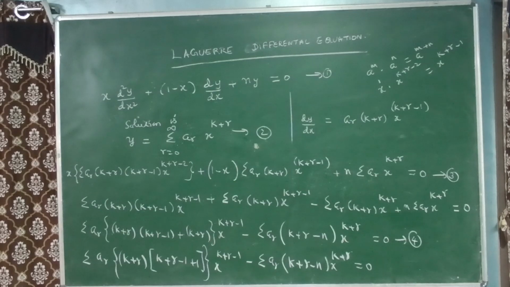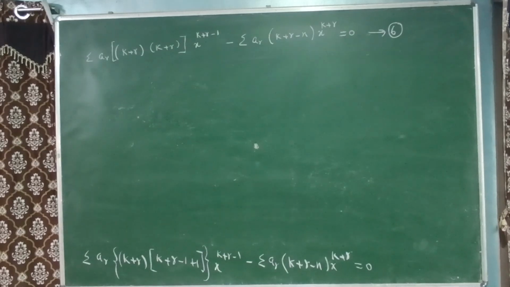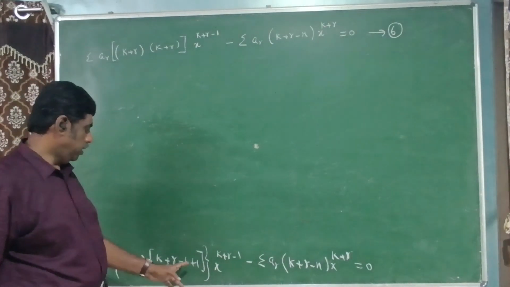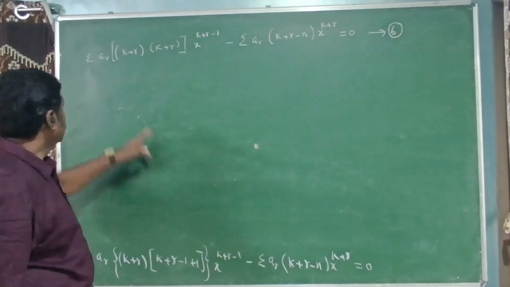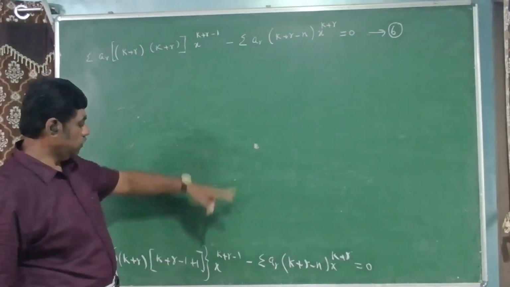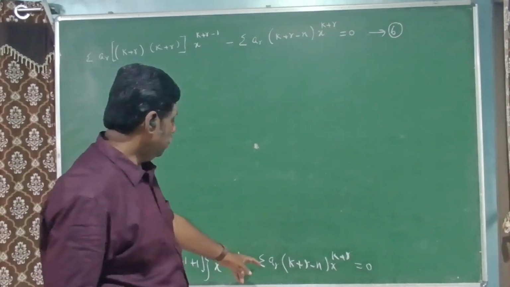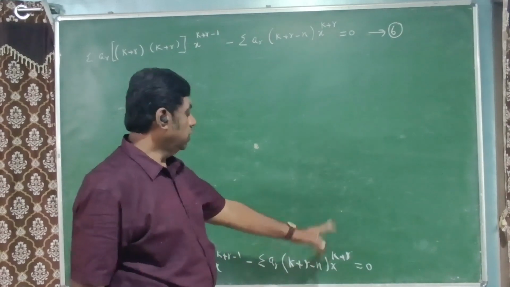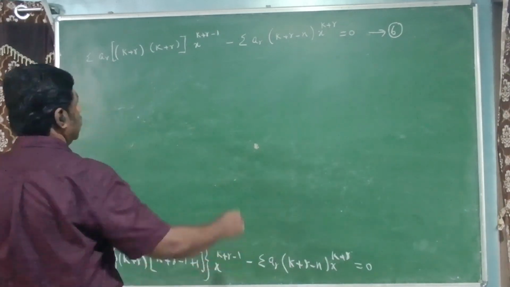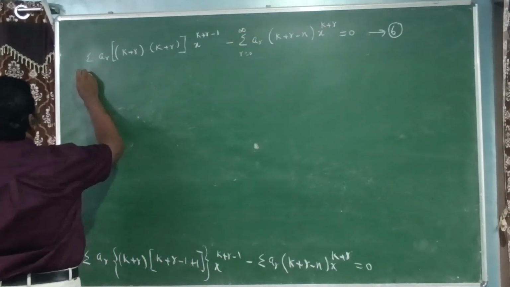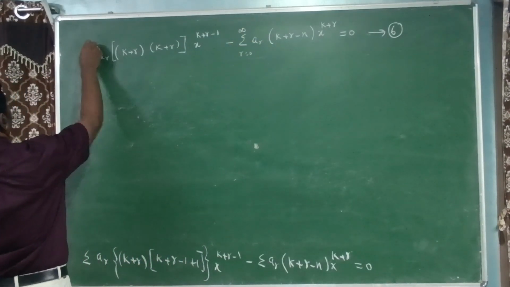Now I have to simplify this further. Now the above equation is modified in this form. So k+r−1+1 is k+r. So a_r into (k+r) into (k+r), entire is multiplied by x^(k+r−1), minus summation over a_r (k+r−n) into x^(k+r) is equal to 0. Here r = 0 to infinity, here also r = 0 to infinity.